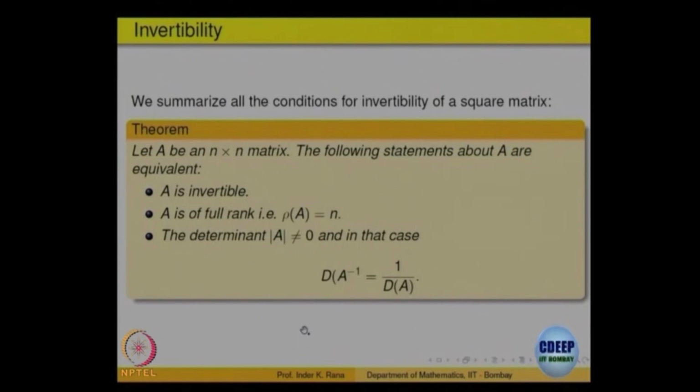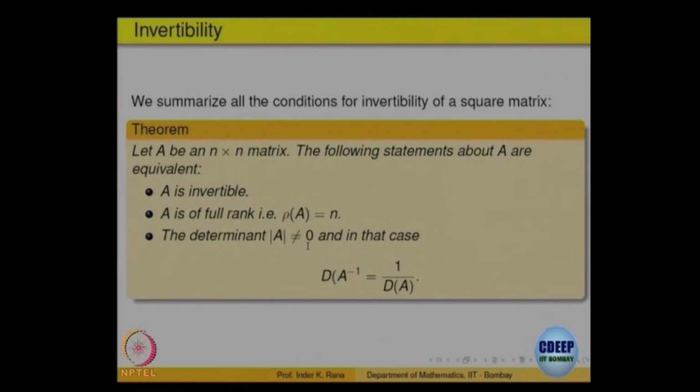So, I can write now equivalent ways of describing invertibility. First one was A is invertible. Now, we showed it is equivalent to full rank. Full rank means the reduced row echelon form is the identity matrix, that is equivalent to that. And then now we have just shown its determinant is not equal to 0.